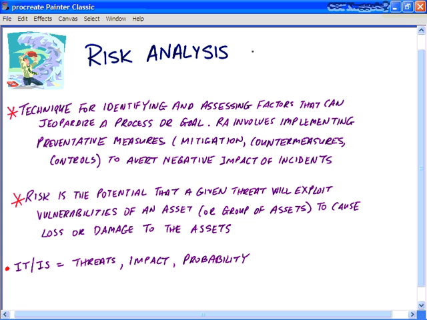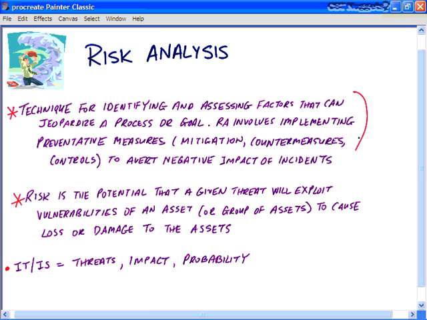Risk analysis. Here's a kind of a classic risk analysis definition. Risk analysis is a technique for identifying and assessing factors that can jeopardize a process or a goal. In our case, the process is the information technology process, the information systems process. The goals are the business goals, the business needs of the organization.